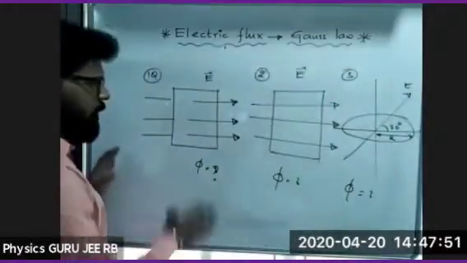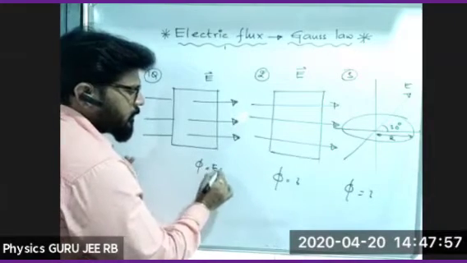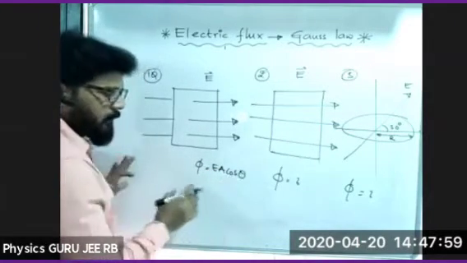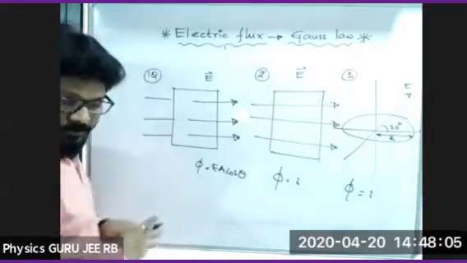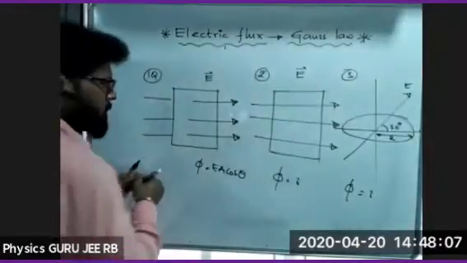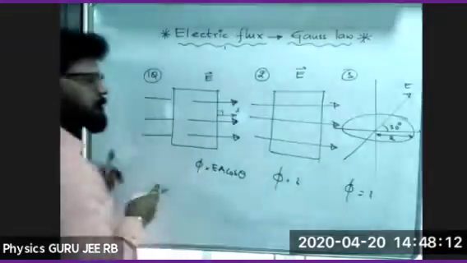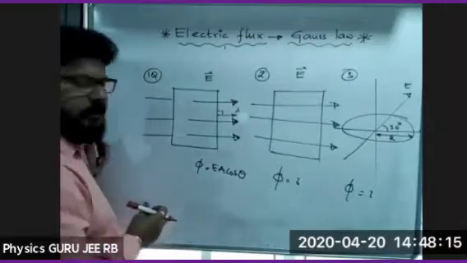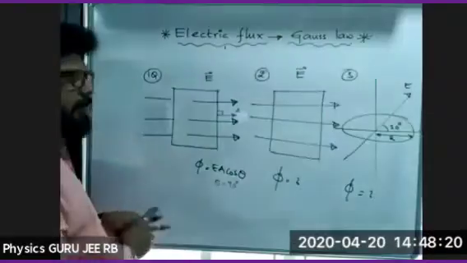See, how to denote flux? EA cos theta. Only thing is, E is there, we have to calculate the direction of A, calculate theta, and substitute that. So, if I take an area vector perpendicular to this one, which makes an angle of 90 degrees, then theta is equal to 90 degrees. So, cos 90.